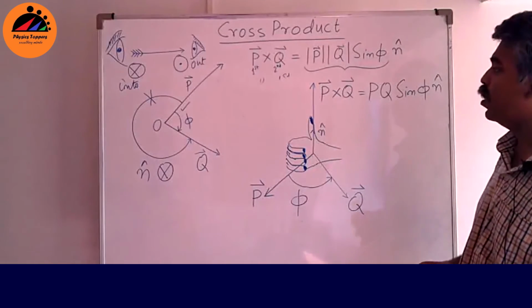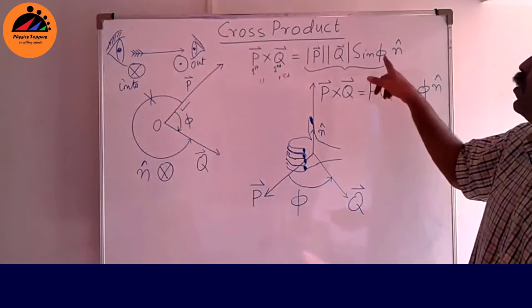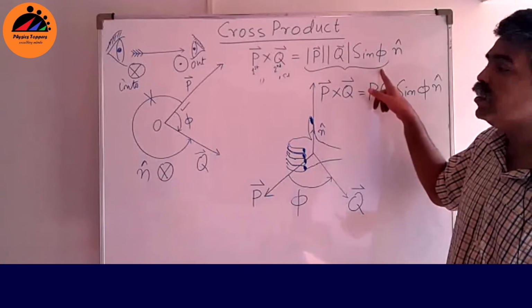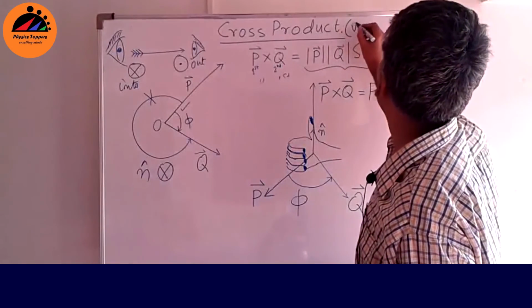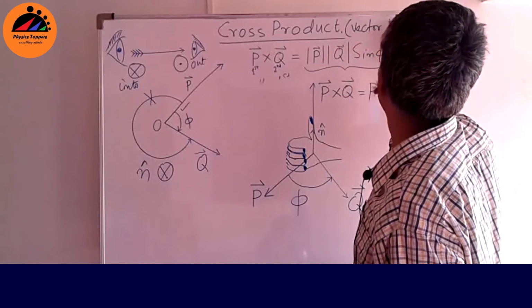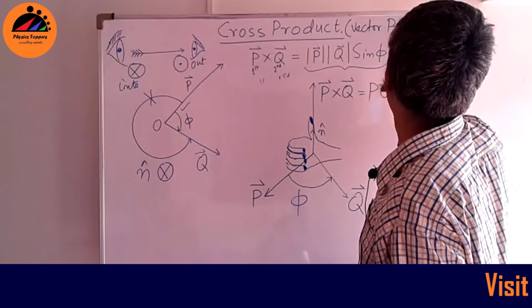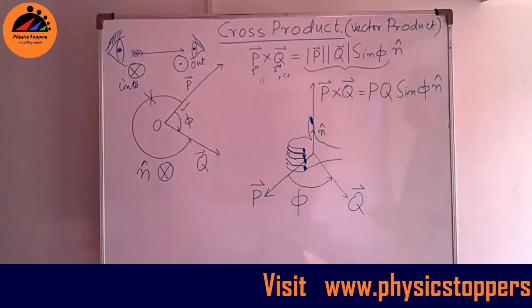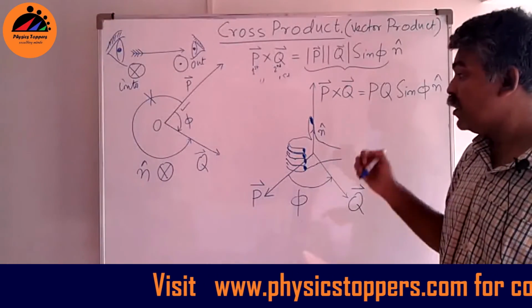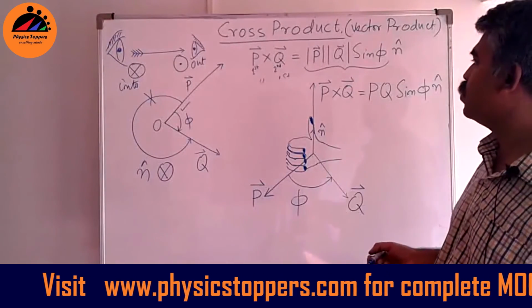This is cross product. See, the resultant is a vector. So this is also called a vector product. This cross product is also called a vector product. There is another name for this cross product.